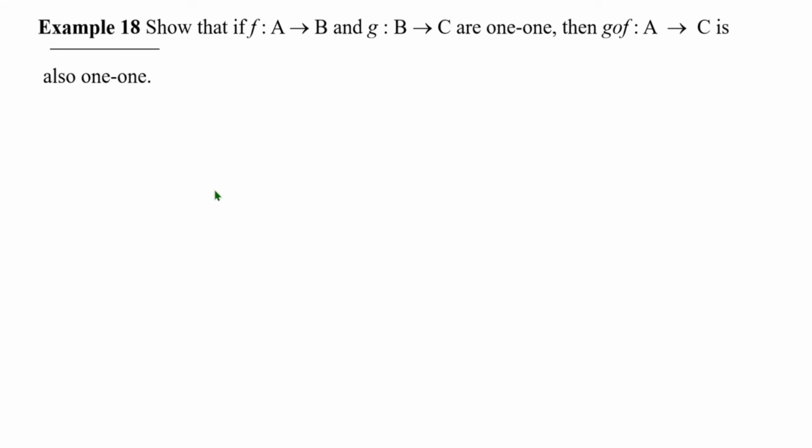So when we have to show that a function is 1 to 1, we have to show that f of x1 equal to f of x2 implies x1 equal to x2. Here we have g of f, so let g of f of x1 equal to g of f of x2, and then we have to show that x1 is equal to x2.